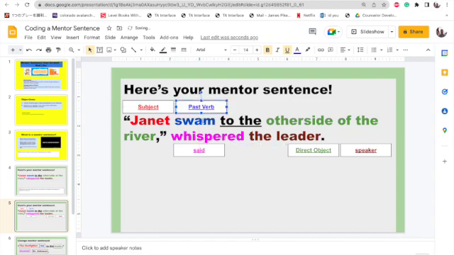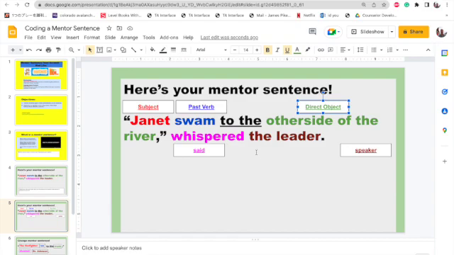And let's talk about, is this verb in present tense or in past tense? It's in past tense because it already had happened in order for someone to talk about it. And then another thing I noticed was there was a direct object, a place where she went. And that would be the other side of the river. Then I noticed how the leader said it.